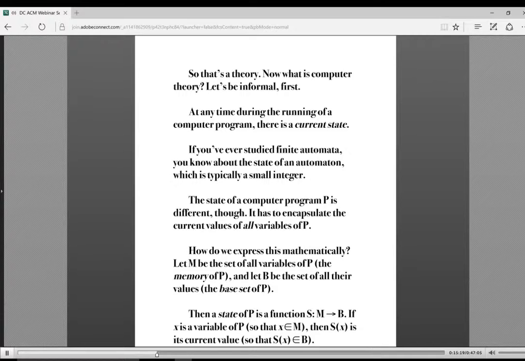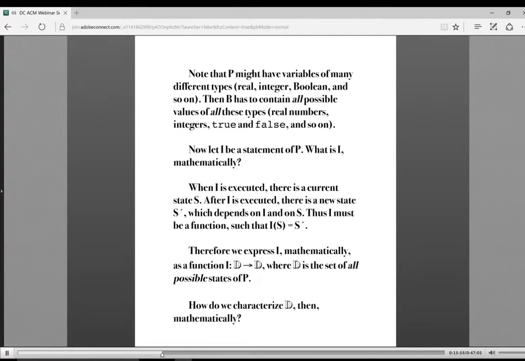How do we express this mathematically? Let M be the set of all variables of P, that's the memory of P, and let B be the set of all their values, which we sometimes call the base set of P. Then, a state of P is a function S from M to B. If X is a variable of P, so that X belongs to the memory M, then S of X is its current value, so that S of X belongs to B. Note that P might have variables of many different types, real, integer, Boolean, and so on.